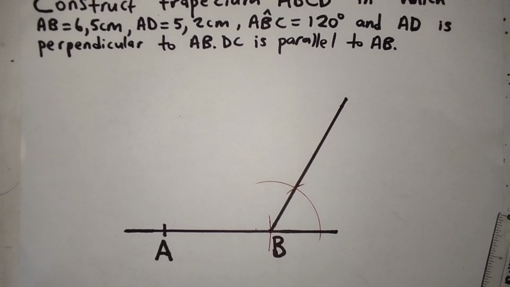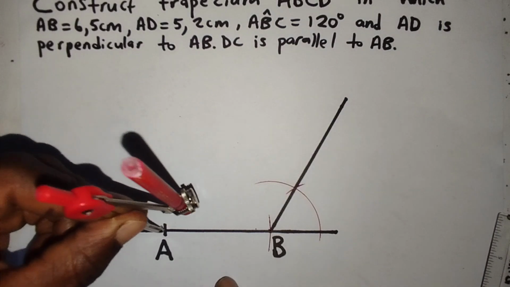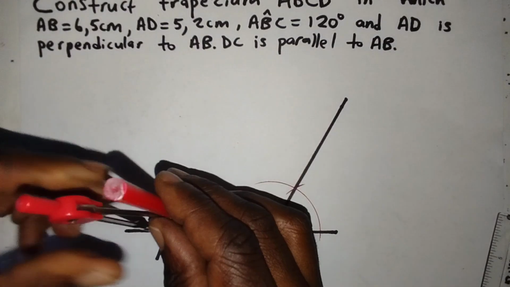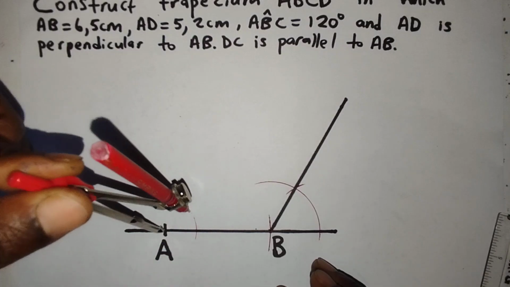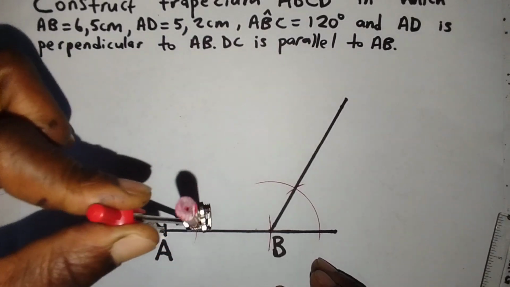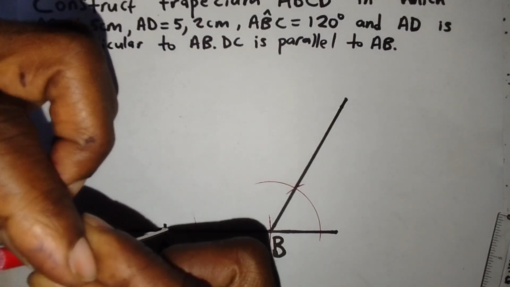So now with A as my center, so that I can construct an angle of 90 degrees at A, I'll draw an arc here to the right of A with center A, and another arc without changing the radius to the left of A.